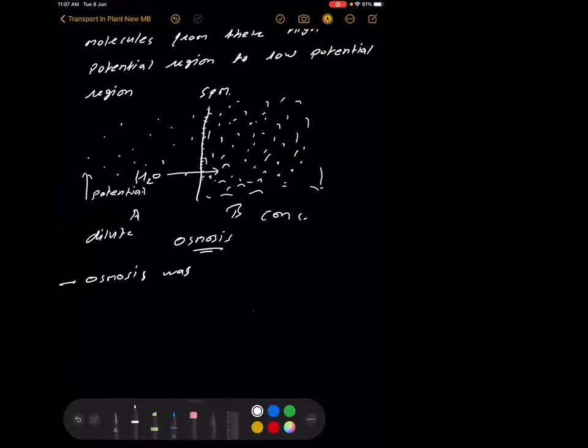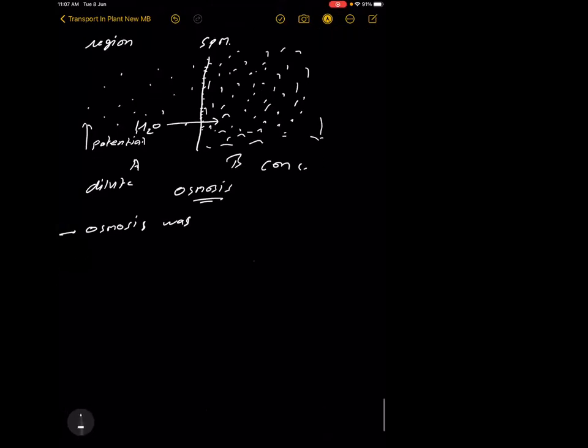Maybe in boards they ask, because different boards have different criteria and policies. Here in Telangana, I have no idea about this. Osmosis was discovered by Nollet.